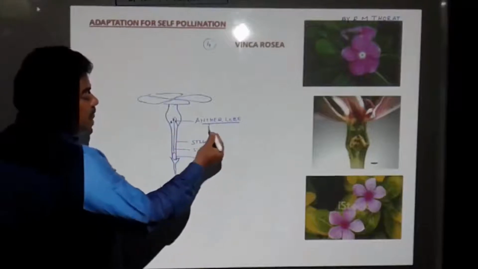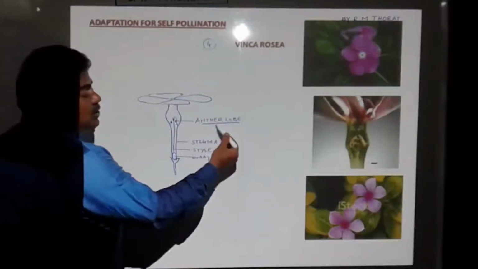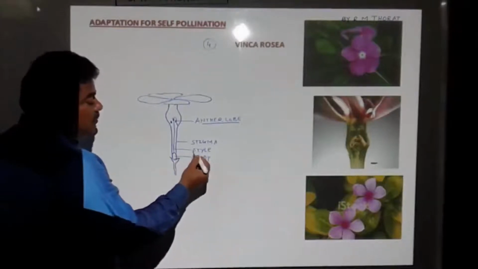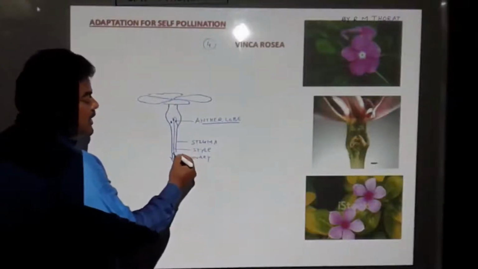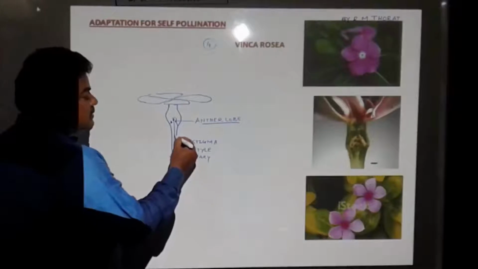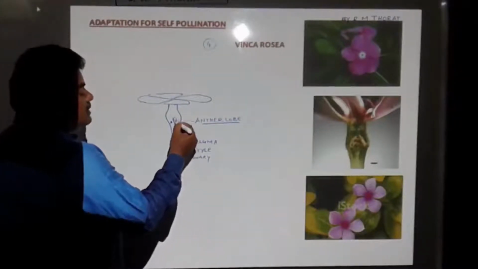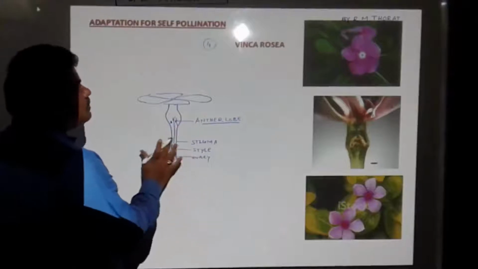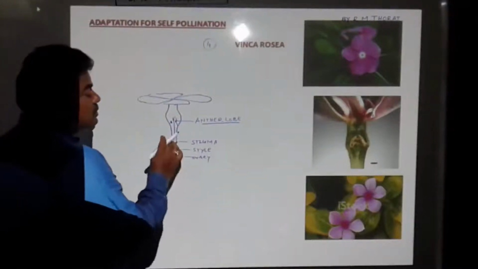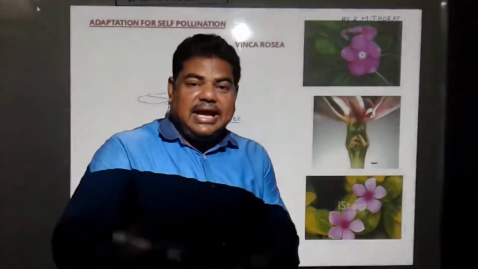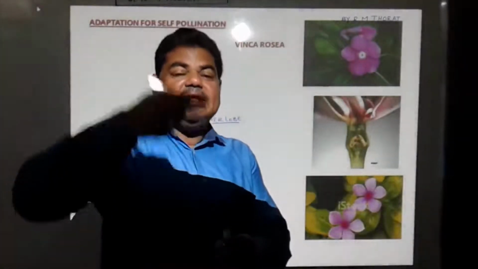Means once the anther lobe becomes mature, at that time the style of these Vinca rosea increases in length and gains self pollination. In case of these Vinca rosea, they avoid cross pollination and they gain self pollination by increasing what?